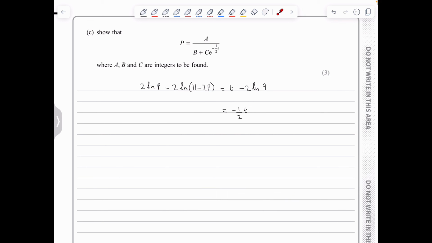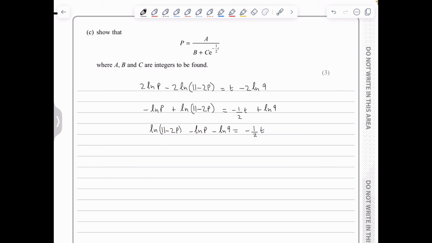So dividing everything by −2 leads to −ln p plus ln of (11 − 2p) is equal to −½t plus ln 9. I will be collecting all the ln's on the left hand side. So ln of (11 − 2p) minus ln p minus ln 9 is −½t.